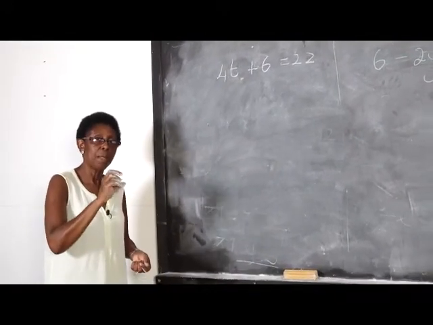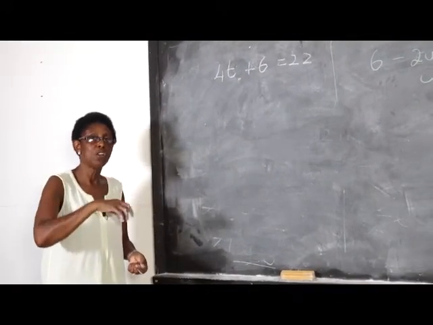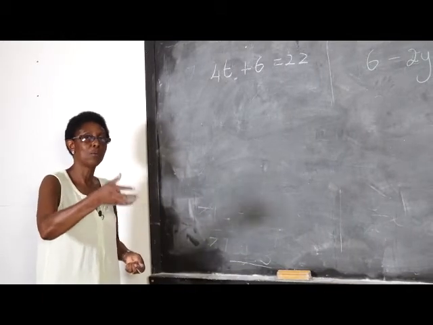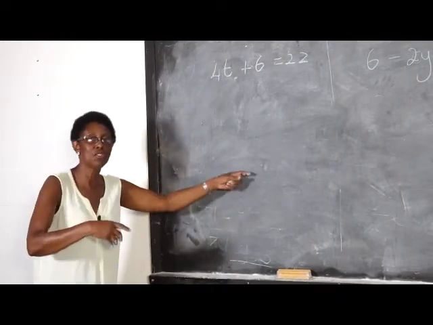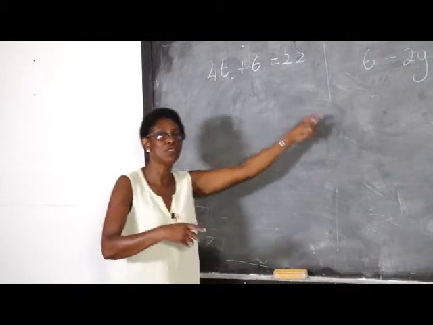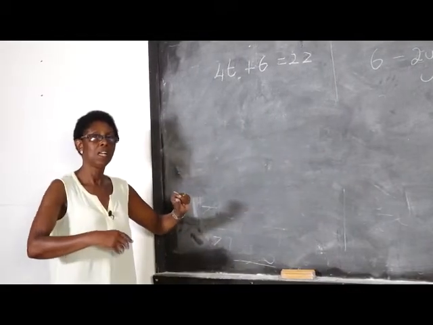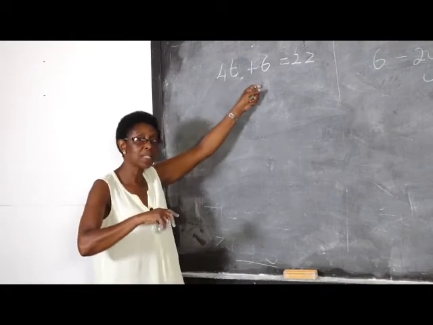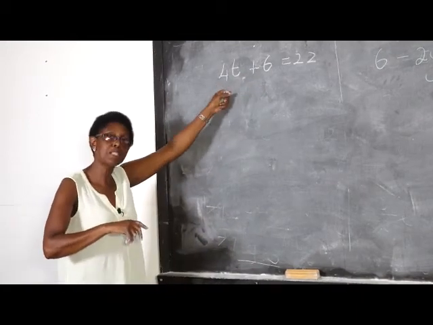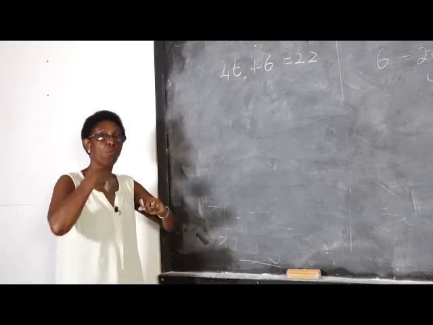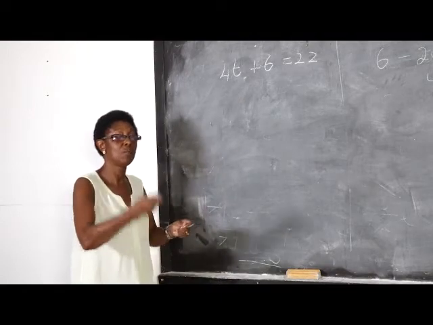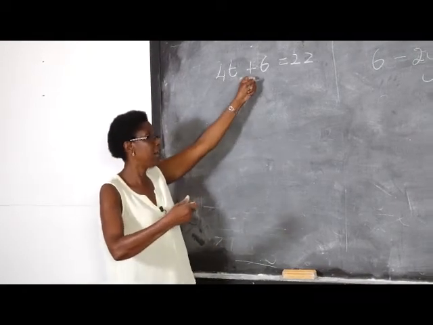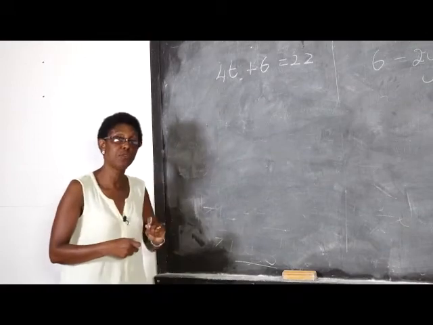First, you have to remember, you ask yourself, what is my goal? I want to get t on its own. T equals something. Okay? What must go? Two things must go. The plus 6 must go and the times 4 must go. Which goes first? It's the plus 6 must go first.